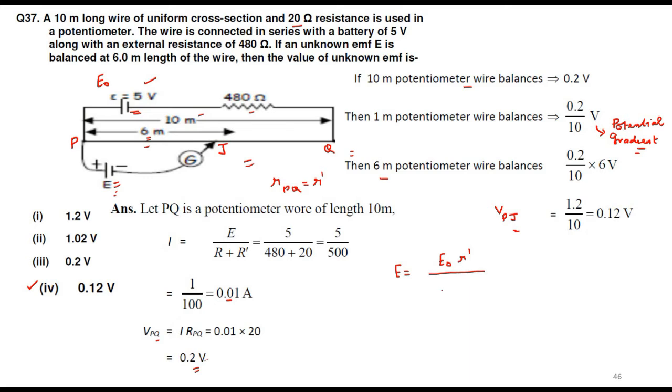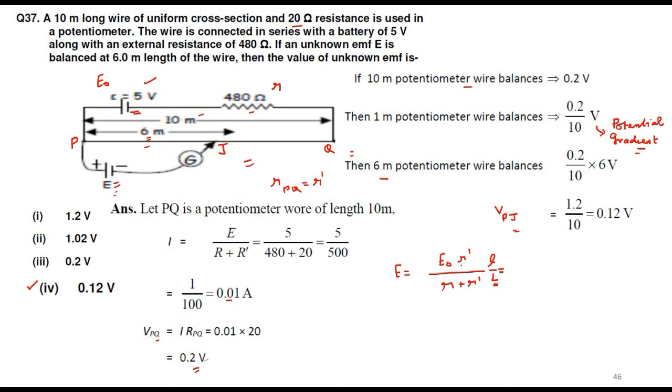Then by R plus R prime. R is this resistance, because I am just explaining the symbols that come in the formula, into l by capital L. This l is the balancing length. This L is the full length. So if you substitute the values, you will get this correct answer.